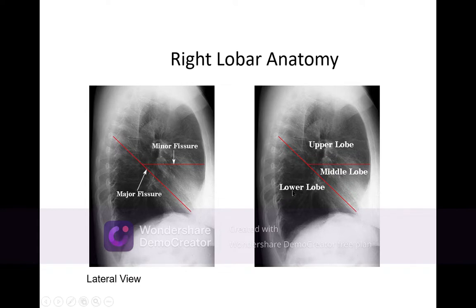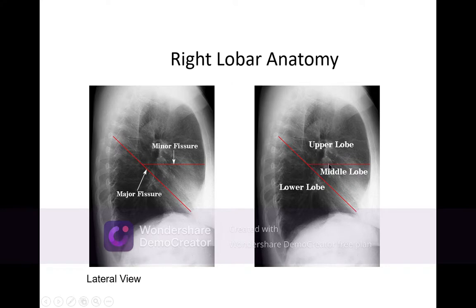Now if this part is gone, then the fissure will move up. For example, if this is gone, the diaphragm goes up and the fissure is displaced, going downward. That is an indirect sign. The middle lobe is concerned again on this side, the middle lobe and the lower lobe.